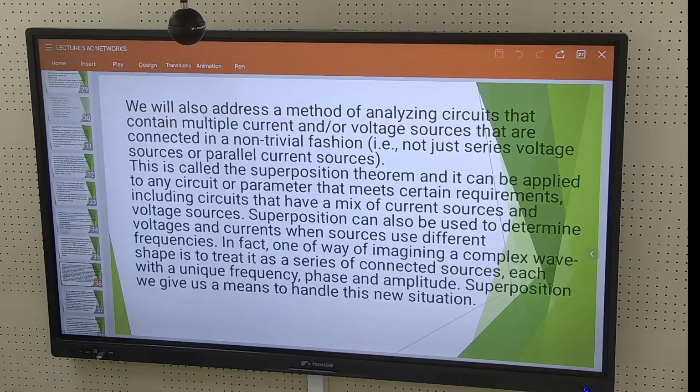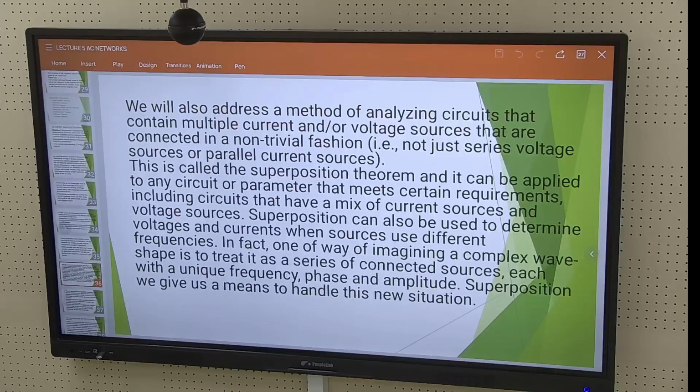We will also address the method of analyzing circuits that contain multiple current and or voltage sources that are connected in a non-trivial fashion, not just series voltage sources or parallel current sources. This is called the superposition theorem. It can be applied to any circuit or parameter that meets certain requirements, including circuits that have a mix of current sources and voltage sources.